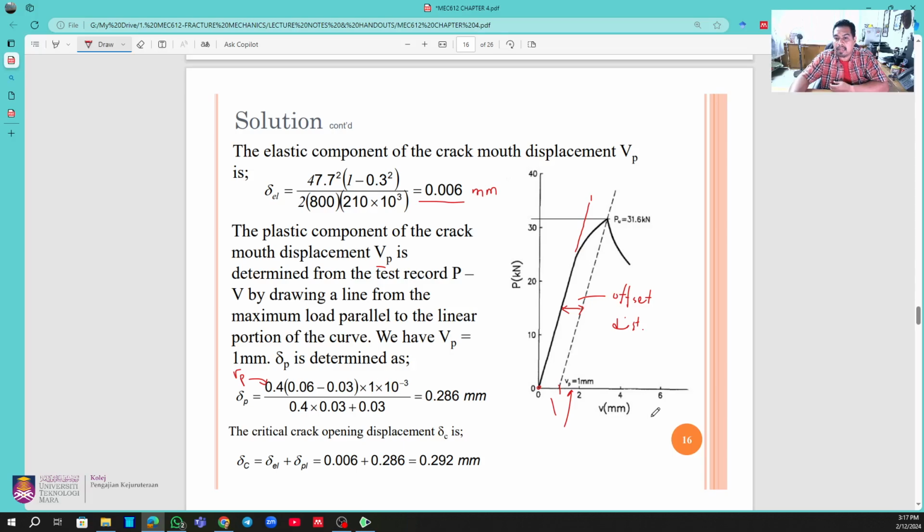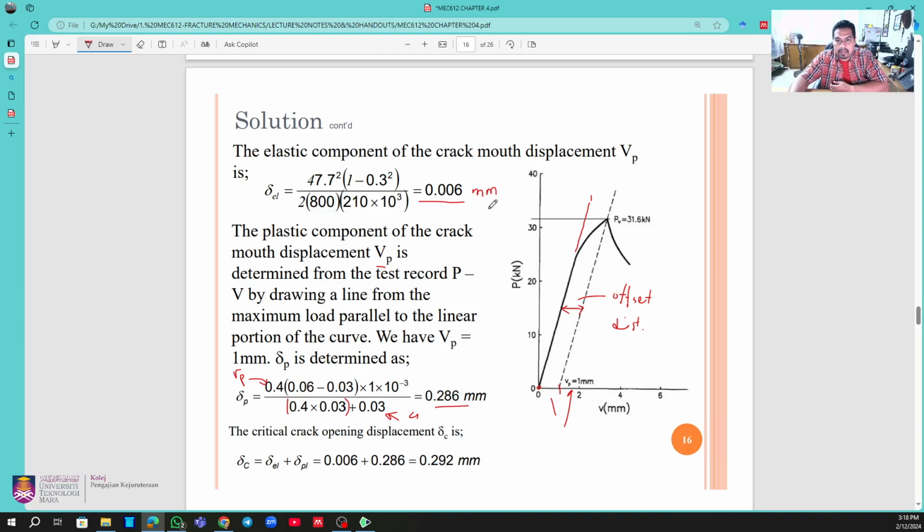Then you multiply by the VP, which is 1 millimeter, converted into meter: 1 times 10 to the power of minus 3, divided by 0.4 times the bracket, 0.06 minus A, plus A here, and you will obtain 0.286 millimeter.